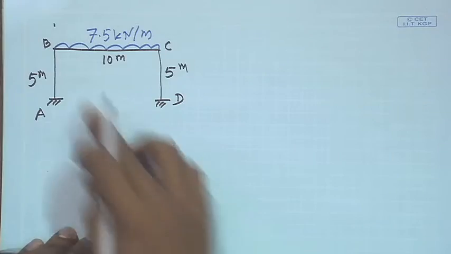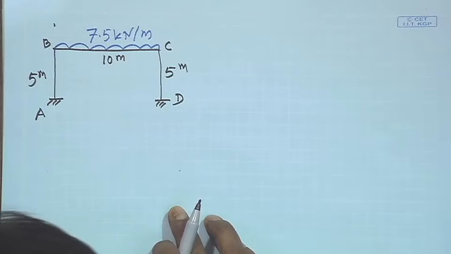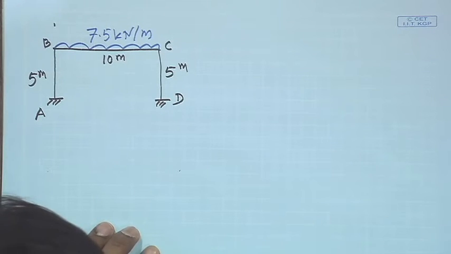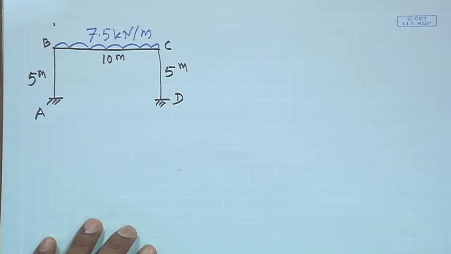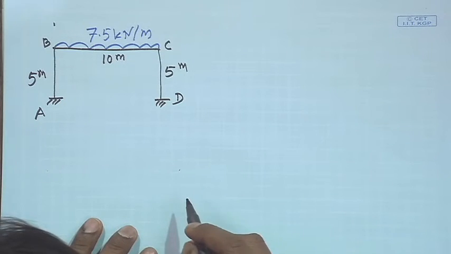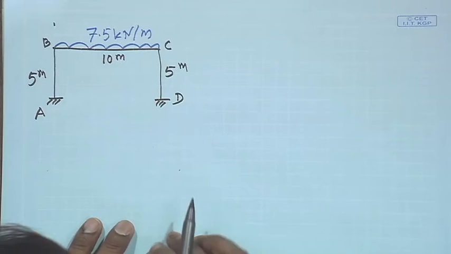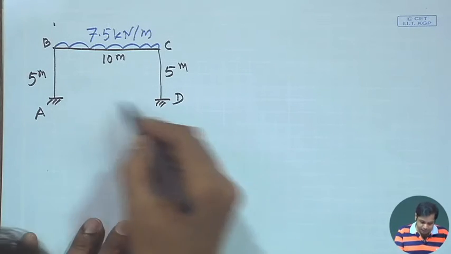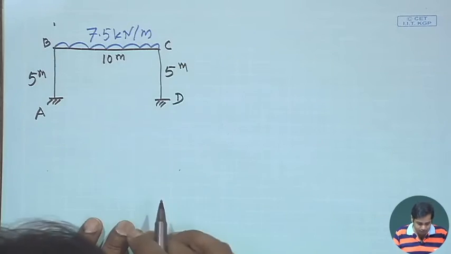This is the example. We have a portal frame subjected to uniformly distributed load at BC. First we need to find the distribution factors and carryover factors. In order to get the distribution factor, we need to find the stiffnesses. All these are fixed joints.